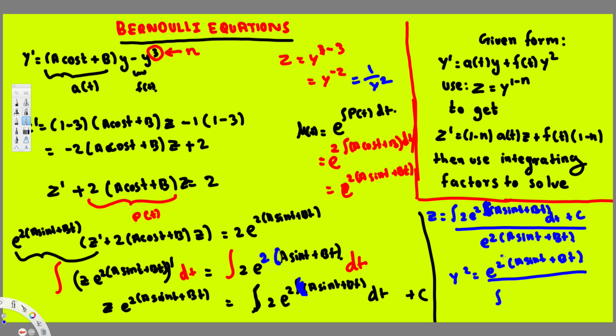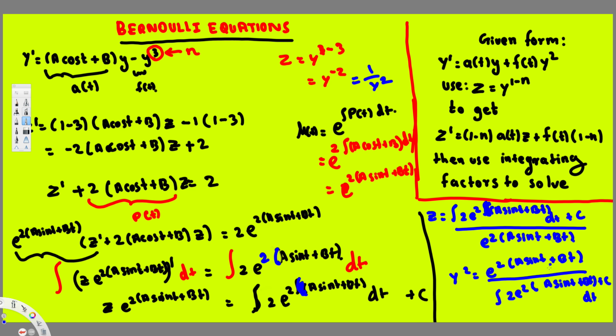Now in the bottom we are going to have 2e square times a sin t plus bt, plus constant, right? So this dt should be right after this integral sign.